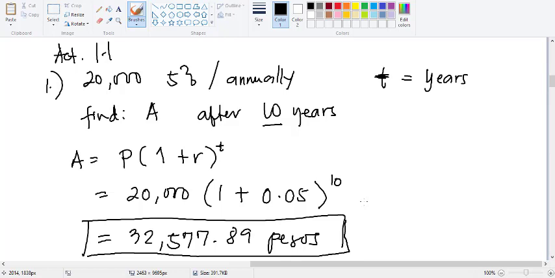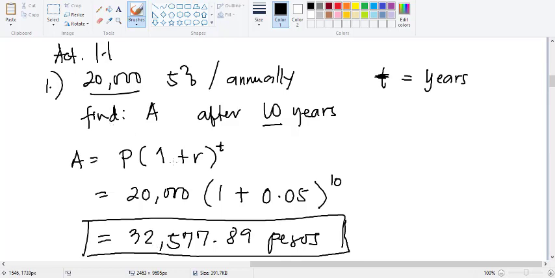Kasi mas konti yung compounded na tubo nung initial amount. Tignan nyo dito, guys. After 10 years, naging 32,577 siya. This is almost 60% additional to the initial amount of 20,000.